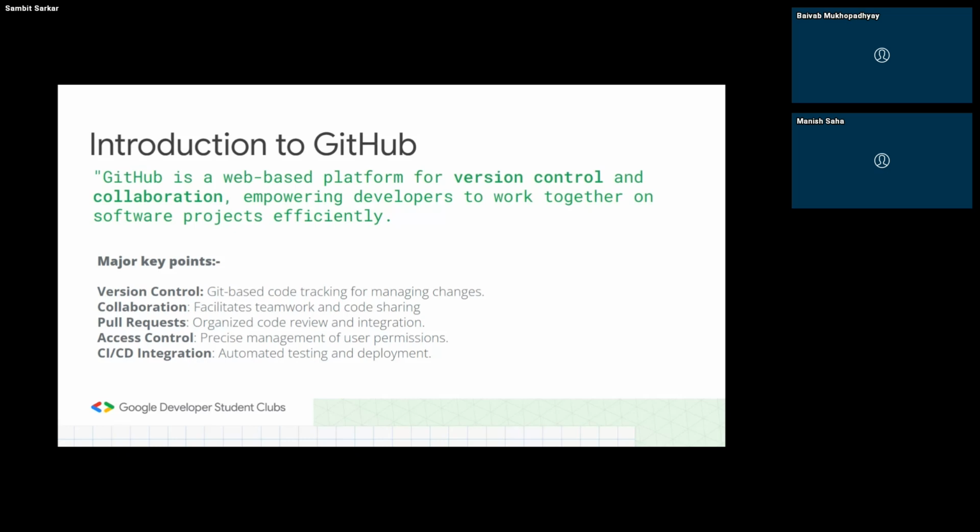The website crashed and everything is messed up. You want to get it back. How are you going to get it back? You need a tool that can track your previous code and get it back to you. That is Git. And GitHub is based on Git.